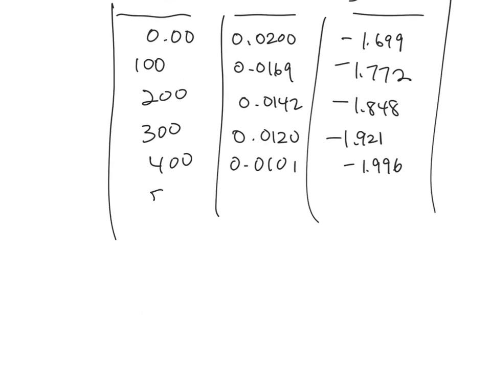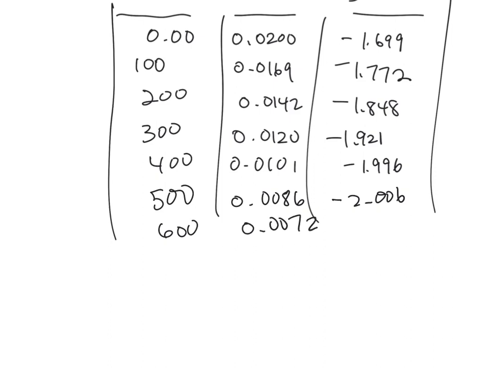A few more here. 500, 0.0086, negative 2.006, 600, 72, negative 2.143, 700, and then 800. Oops, I think I made a mistake. 400 was 0.86.